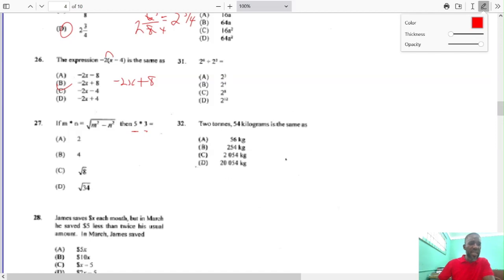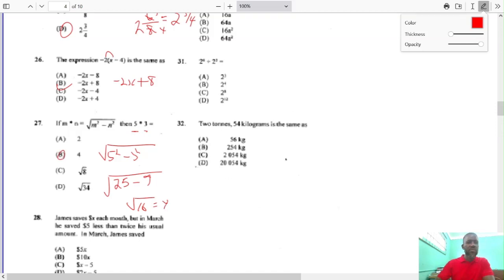And where we see n, we are going to substitute it with 3. So we have 5 squared minus 3 squared. So 5 squared is 25 minus 9. So square root of 25 minus 9. And again, we see Pythagoras theorem coming out here because 25 minus 9 will give us 16. Square root of 16 will give us 4. So the answer for this one is 4.